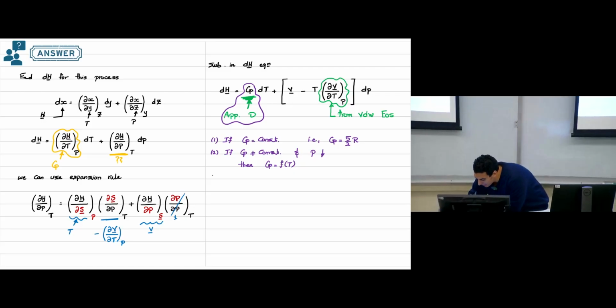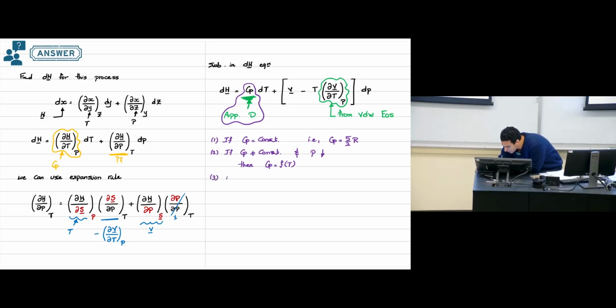The third scenario in this problem: if Cp is not constant and you have high pressure, in this case Cp will be a function of temperature and pressure.